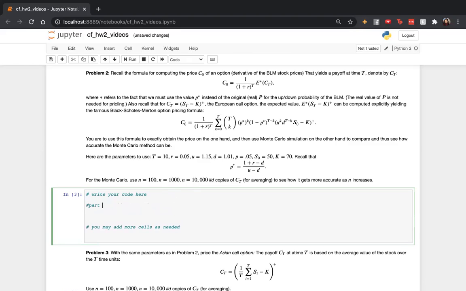Part A is going to be calculating the price using the Black-Scholes formula, excuse my misspelling, which will probably happen pretty often.